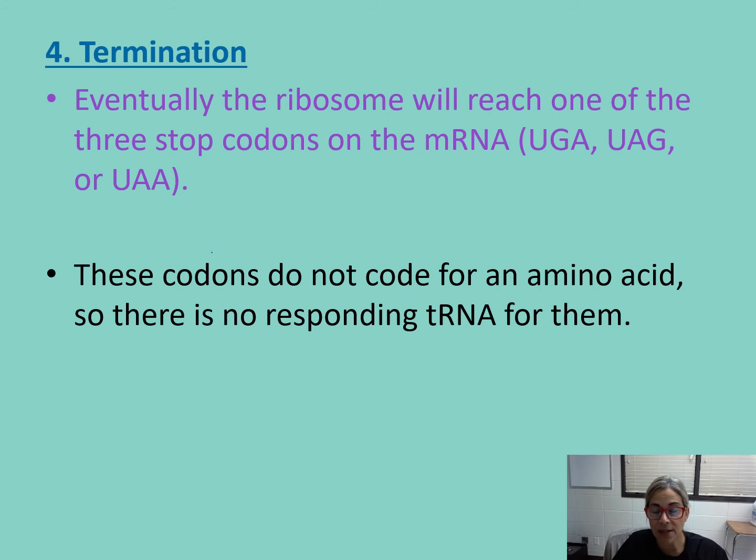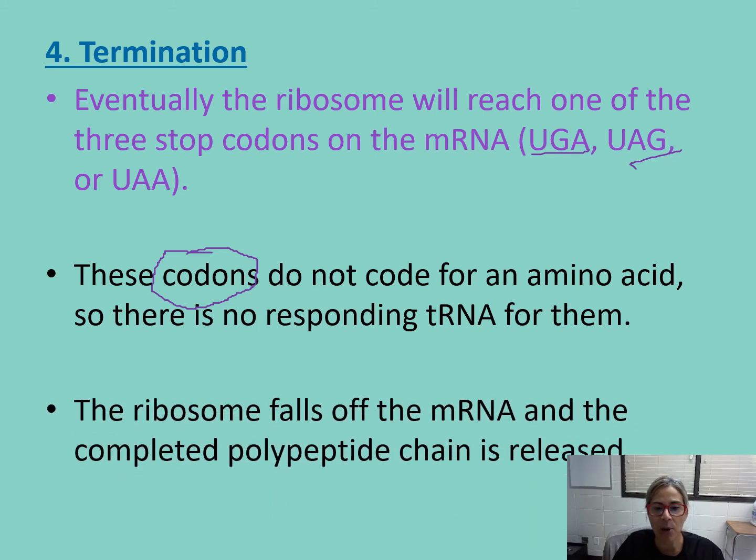Those 3 codons, unlike AUG, the starter codon that codes for methionine, and that's the starter codon for all eukaryotic organisms, do not code for an amino acid. So what effectively happens is the polypeptide chain is terminated, the ribosome falls off, so that large subunit and small subunit separate, and the polypeptide chain is released.